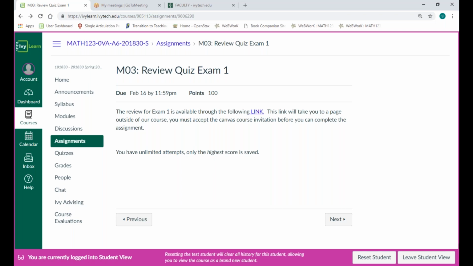I won't mark anything like that where it's a formatting error, so you don't have to worry about that. But I do look at your work because I can give you partial credit if you were on the right track and maybe you just threw something into your calculator wrong or had it reversed.